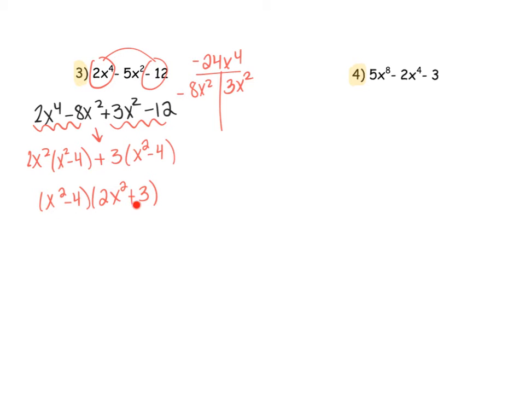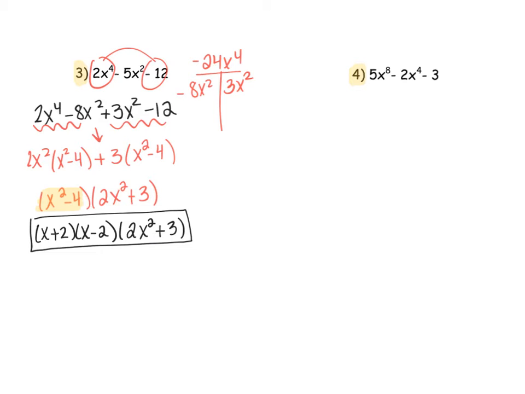If you stopped here, this was kind of a trick problem because you had to recognize that this x squared minus 4 was also a DOTS. So we should have here x plus 2, x minus 2 for the DOTS, and then 2x squared plus 3. So that should be your final answer.